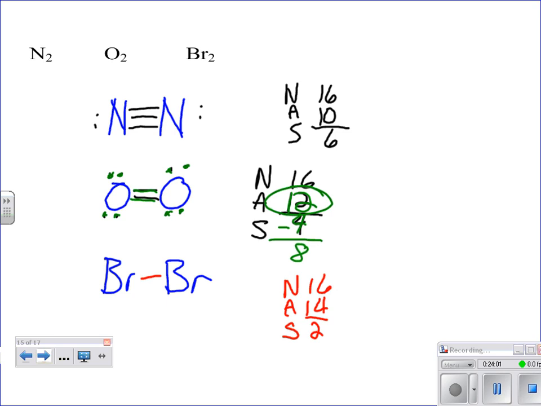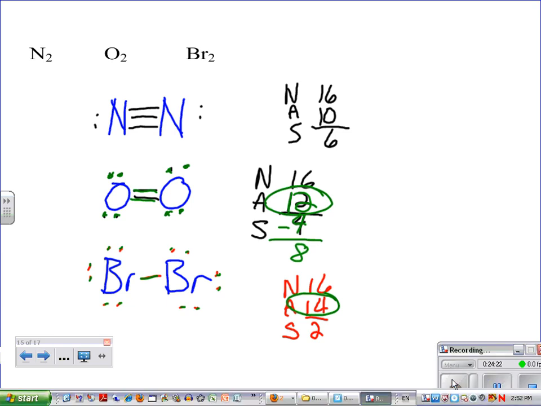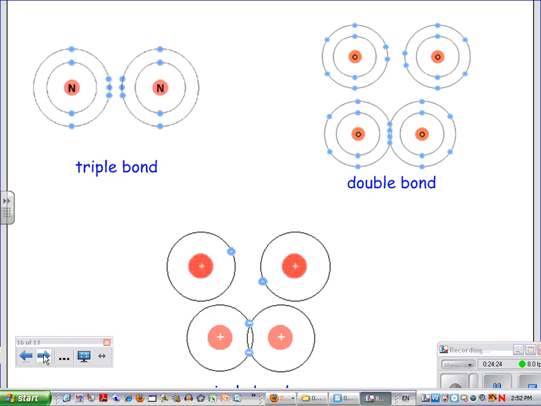So that's how many electrons, how many lone pairs? 3. And then you do your last step of checking. 2, 4, 6, 8, 10, 12, 14 should always add up to your available. So now we have a quick example of just showing what those look like.